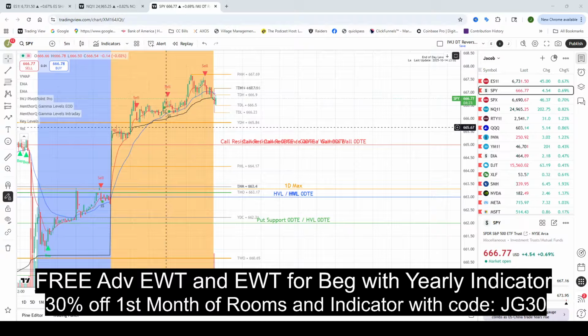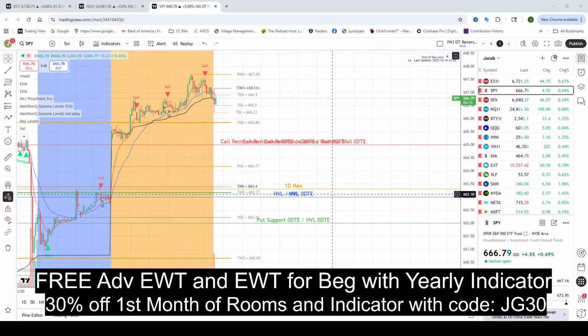The NASDAQ has moved far enough down. If it can close without getting too aggressively green here, it has moved into a sell cycle. So we could see a buy coming in if NASDAQ doesn't, like I said, doesn't get too aggressive on the green side of things here.